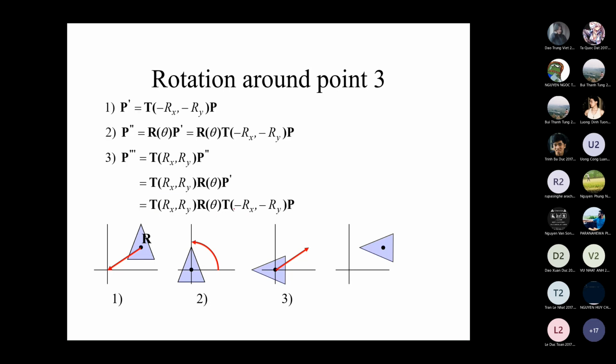So, at last, we set up the form of the expression as T multiplied by R multiplied by T, around the origin. We see which step we implement first: the one nearest to the original object, and after that the second and the third.